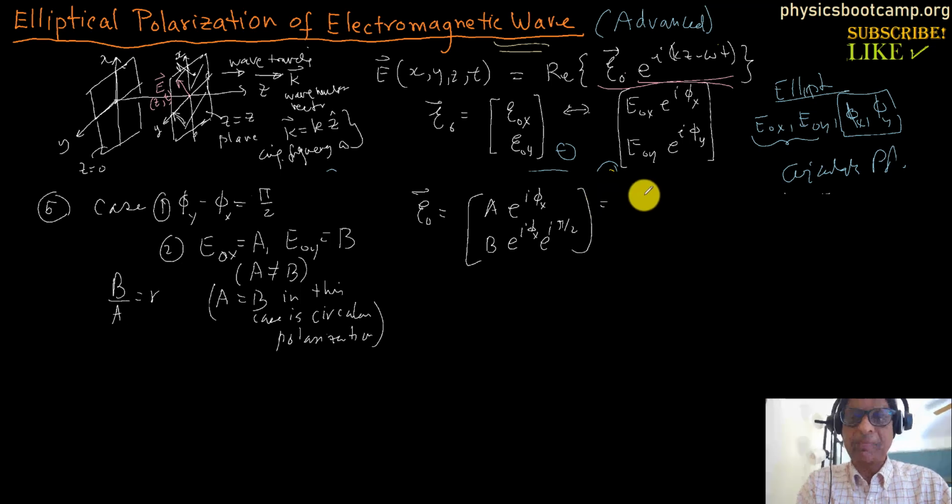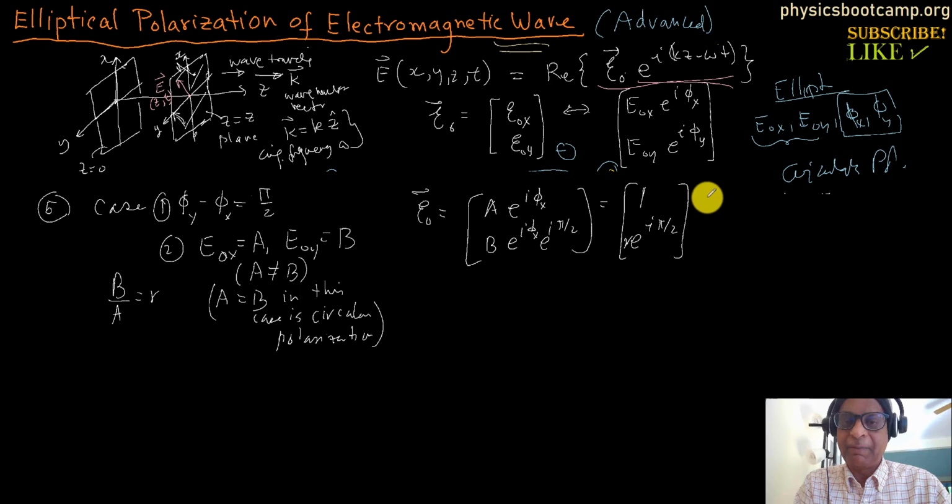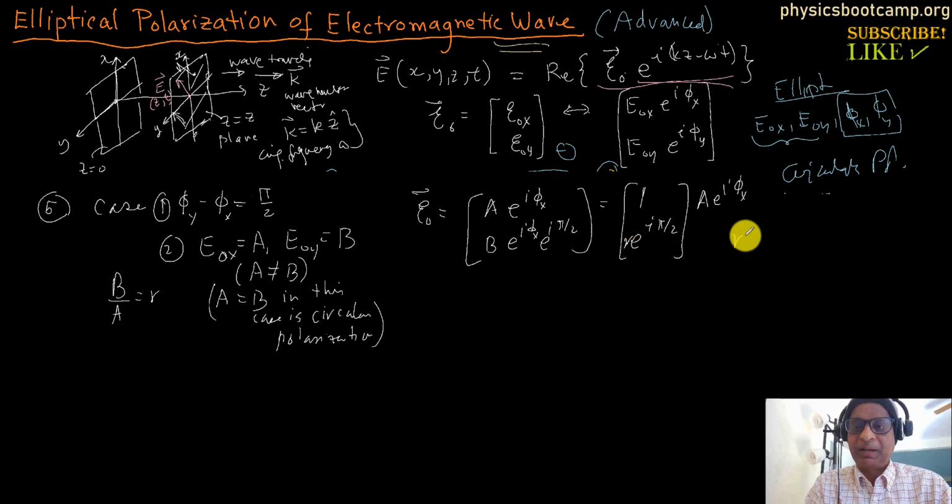So I can pull one out, so this will become 1, and then e to the power i pi over 2 times r. So this is not 1 anymore. If it was 1, then it was circularly polarized, right? And then A e to the power i phi x. So r is not 1.